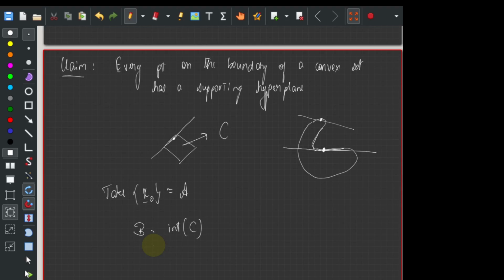It's a null set, right? Because B is basically C minus every point on the boundary. You're removing all of the boundary and basically you get B. So the intersection is empty.